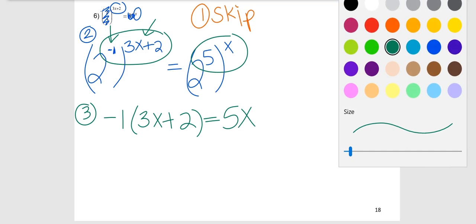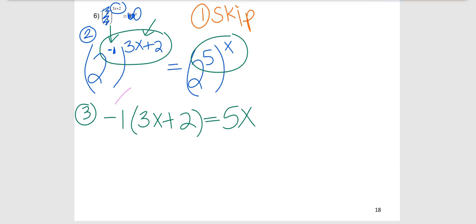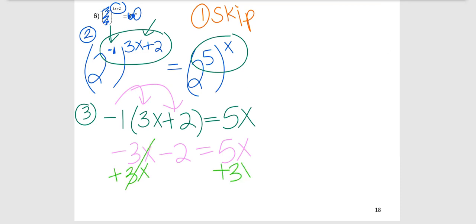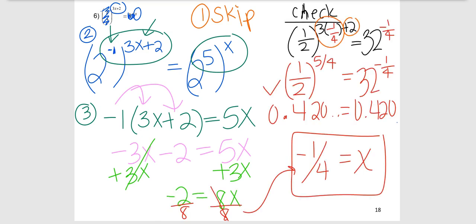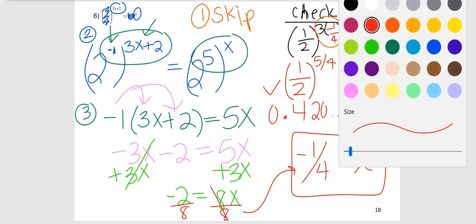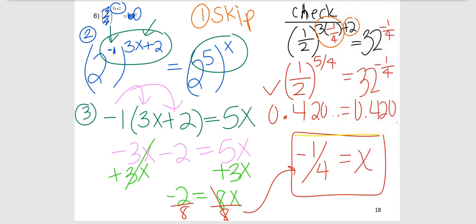We're going to go ahead and distribute. Then we want to get the x's on the same side. So we end up with x equals -1/4.